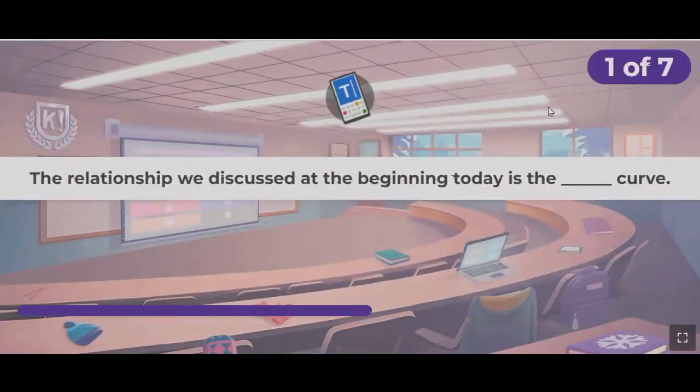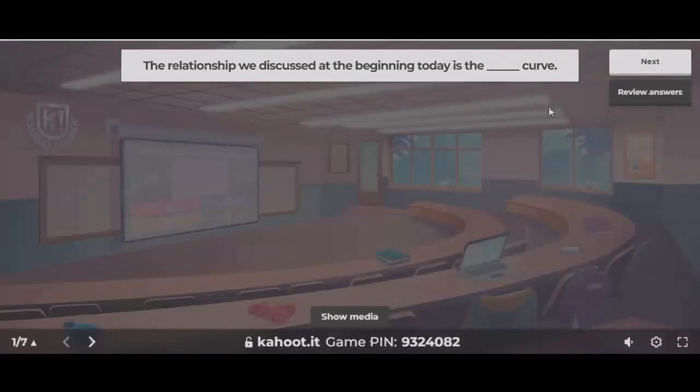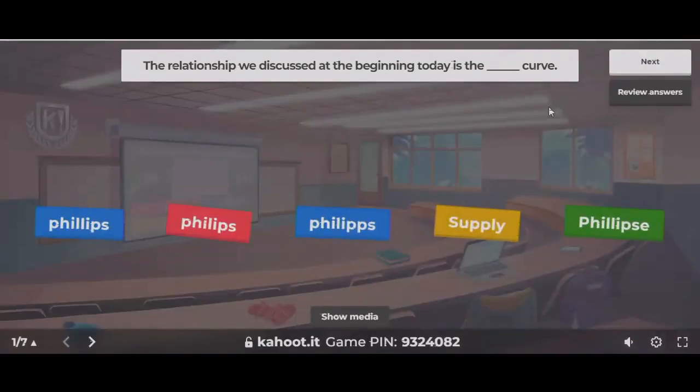The relationship we discussed at the beginning of class today is the what curve? Of course, it is the Phillips curve.